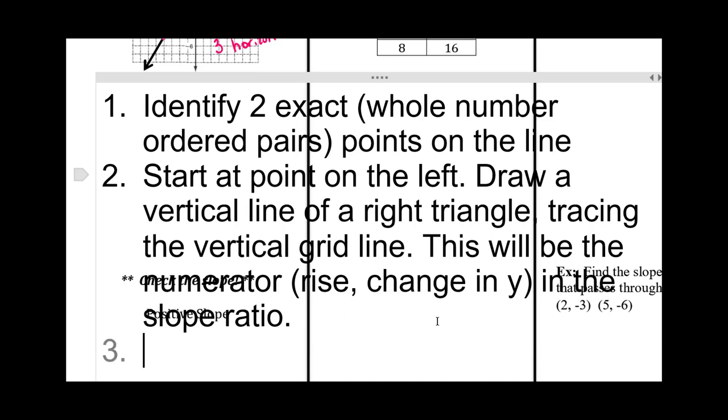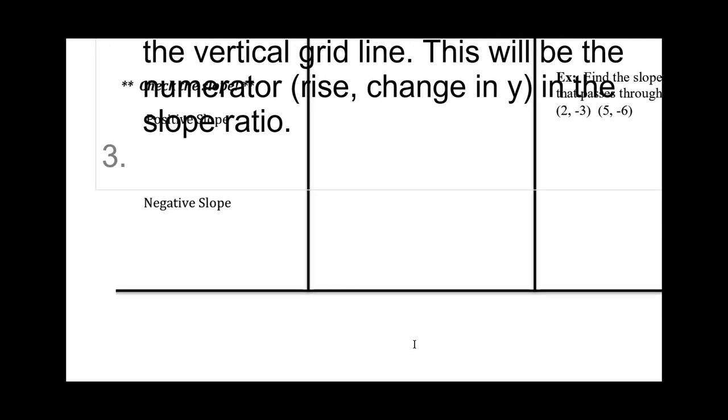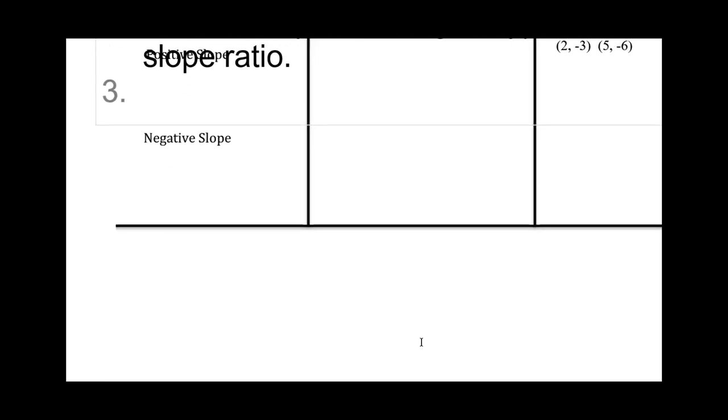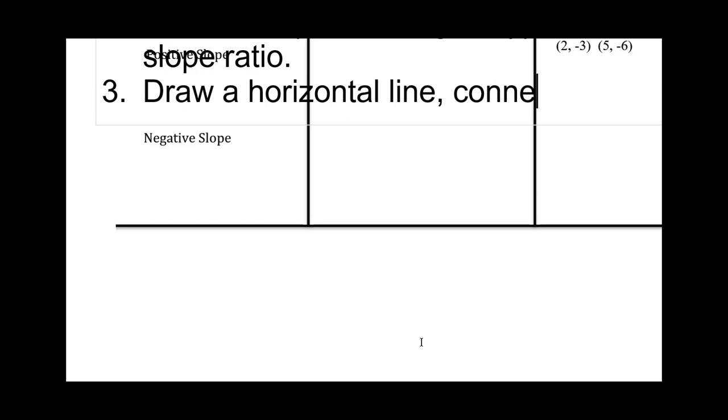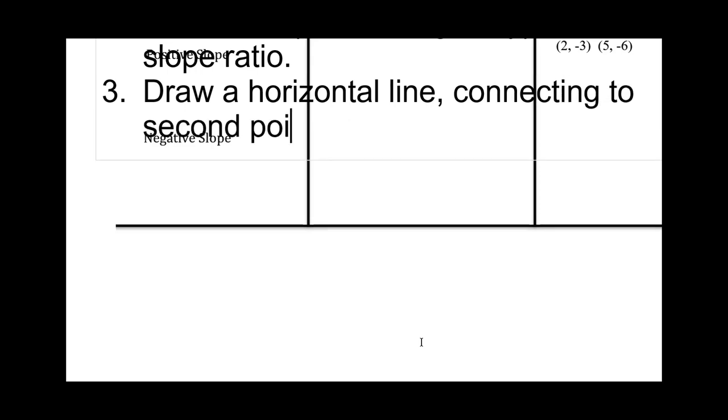All right, so then number 3, last up, we drew a horizontal line connecting to the second point on the right. We completed the right triangle.